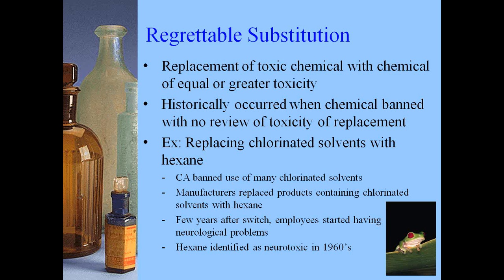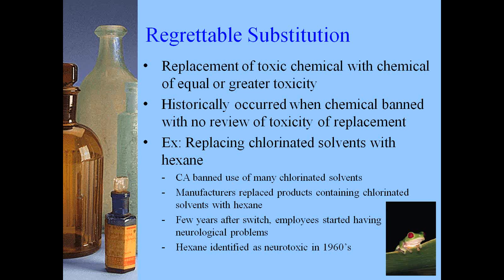They eliminated the use of the chlorinated solvents, but they switched to hexane, and about 5 to 10 years after the switch, all of a sudden workers, specifically in the auto repair industry, started coming down with neurological problems. When it was looked into in more detail, it turned out that hexane had been identified as early as the 60s as a neurotoxic chemical.